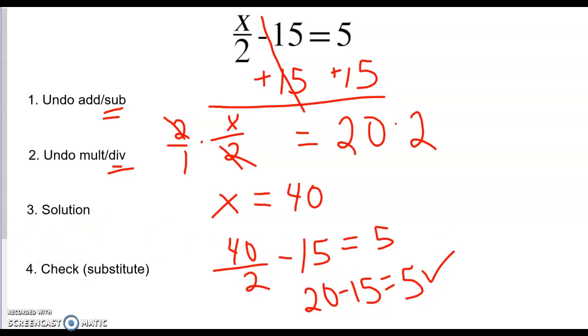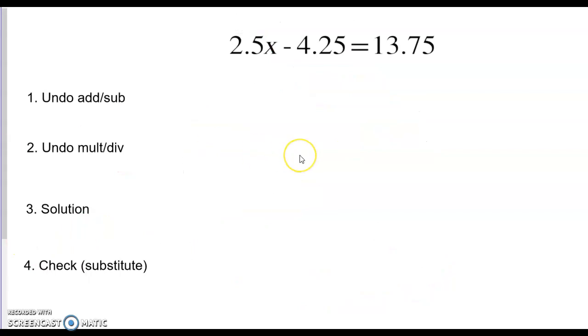So that one looks like it is correct. Okay, let's do one with decimals just because sometimes those prove to be, I don't know, a little intimidating. In this case, I have multiplication and subtraction. So I'm still going to follow the same steps. I'm going to undo my subtraction by adding the inverse. I'm going to add 4.25 to both sides.